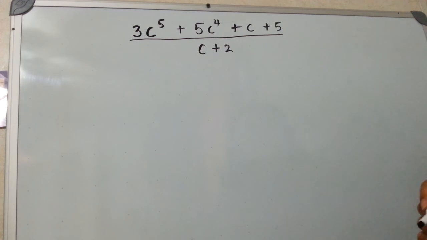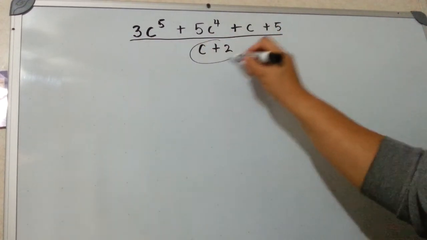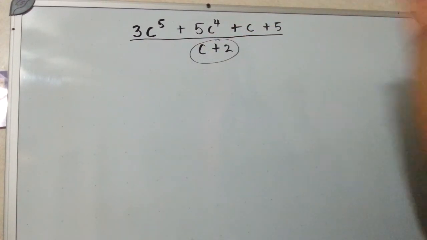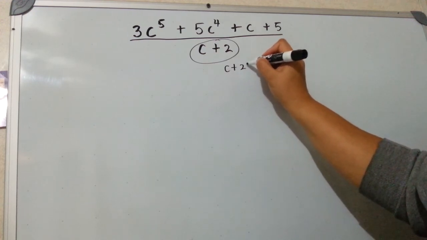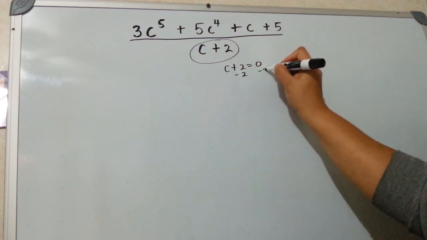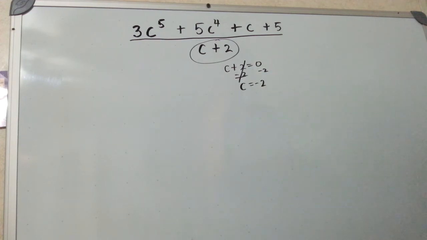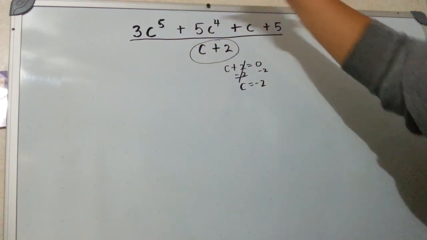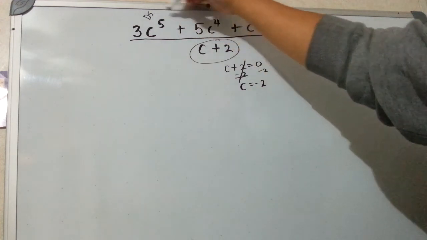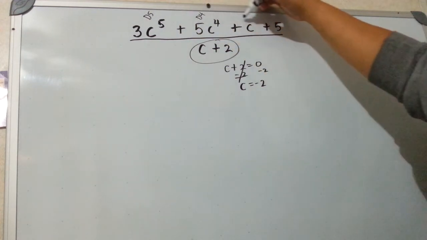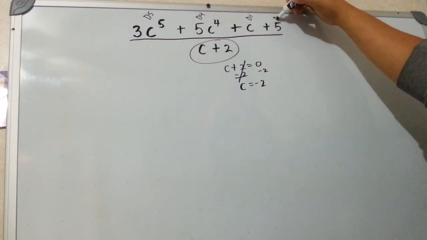Alright, so let's say you want to use synthetic division on this, and yes you can, because this is linear, so we can solve for it, right? C plus 2 equals 0, subtract 2, C equals negative 2, right? But now you have to check the degrees, and this one is degree 5, degree 4, degree 1, and degree 0.